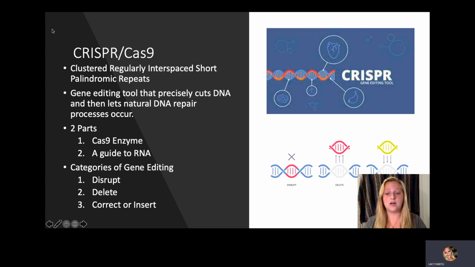At this point, they cleave at each site, and non-homologous end joining joins the separate ends, deleting that base sequence previously identified. And then finally is correct or insert, which adds a DNA template alongside that RNA that allows the cell to correct and even insert a new gene using the process known as homology-directed repair.